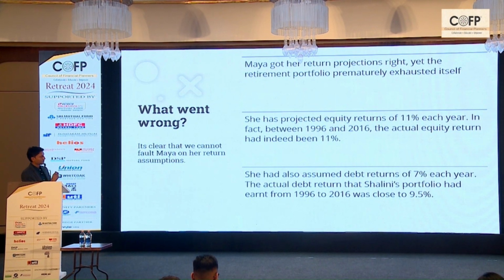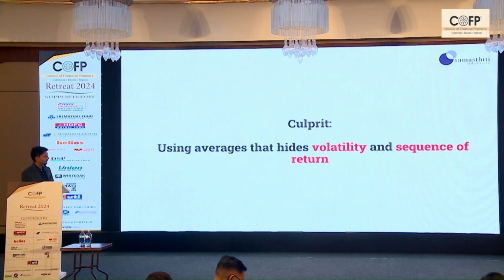Maya had also assumed a debt return of 7%. The actual debt return that Shalini's portfolio had earned from 1996 to 2016 was close to 9.5%. So the debt portfolio actually did significantly better than projected. So you really cannot fault assumptions, and the culprit, as is very clear, is volatility and sequence of return.